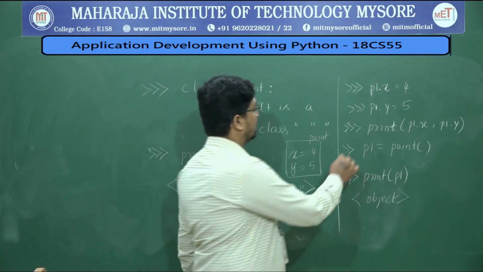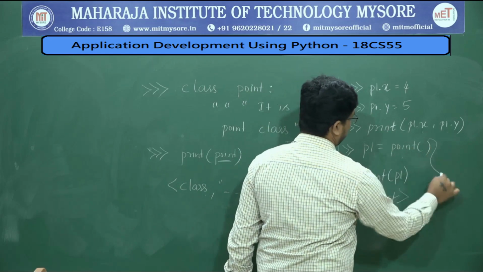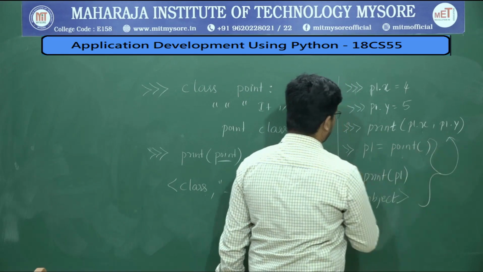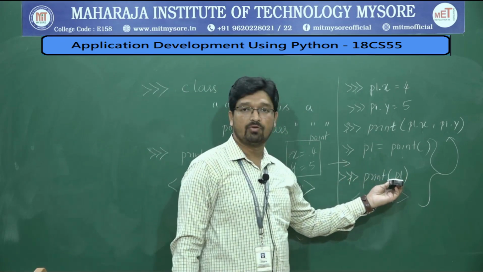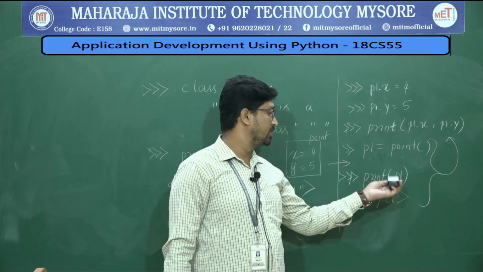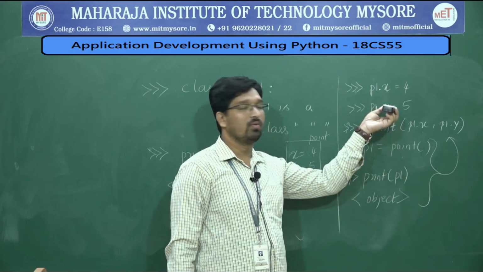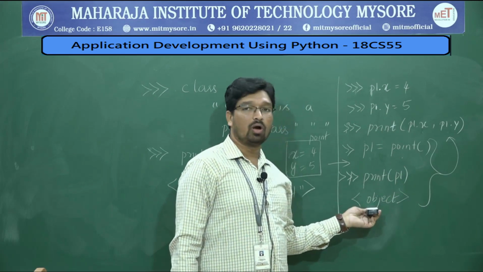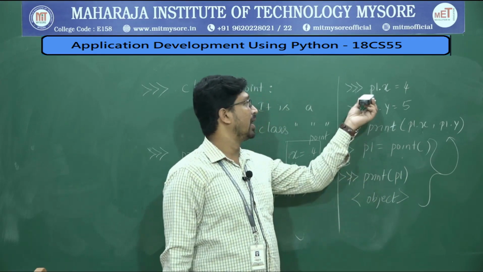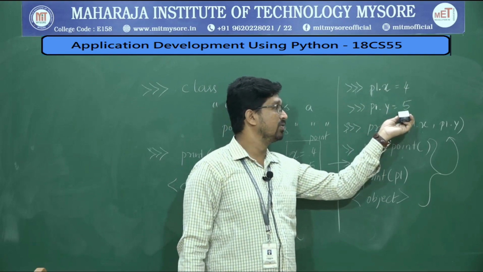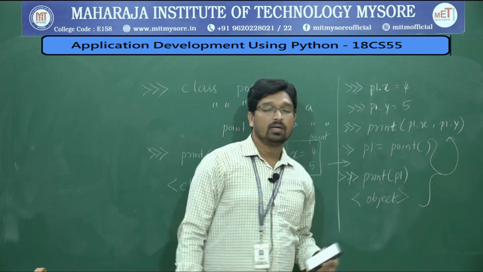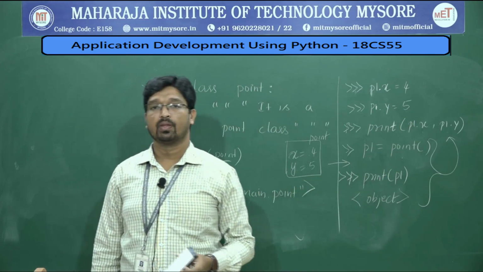Then we are creating a point object, trying to print the object information. If you say p1, you don't get the x y values, you will get only that it is an object. Then you have p1.x, initializing with 4, p1.y initializing with 5, then try to print the x value.